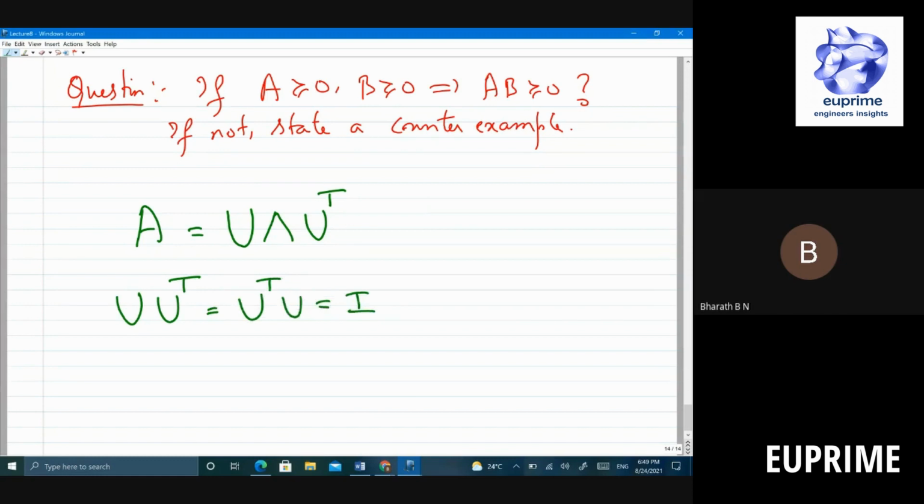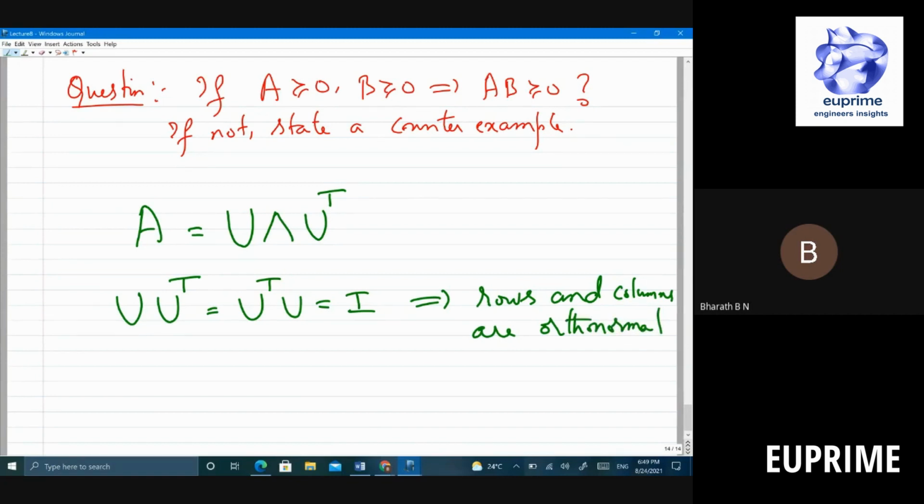Remember the Q matrix when we looked at it? Q transpose Q was identity, but we didn't know whether Q Q transpose is identity. So what does this mean? This means that the columns are orthonormal and the rows are also orthonormal. So rows and columns are both orthonormal.